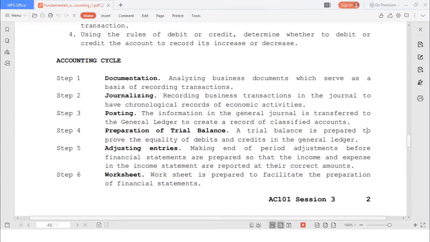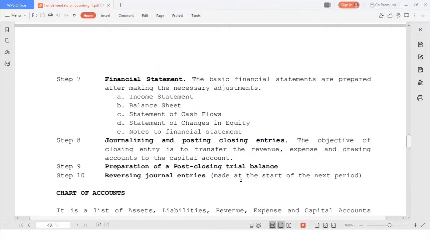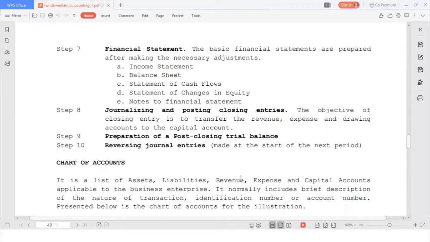Step 6 is worksheet, wherein a worksheet is prepared to facilitate the preparation of financial statements. Step 7 is the financial statement itself, wherein you are already to prepare the following: income statement, balance sheet, statement of cash flows, statement of changes in equity, and the notes to financial statements.